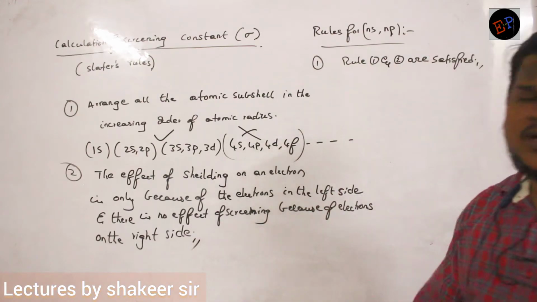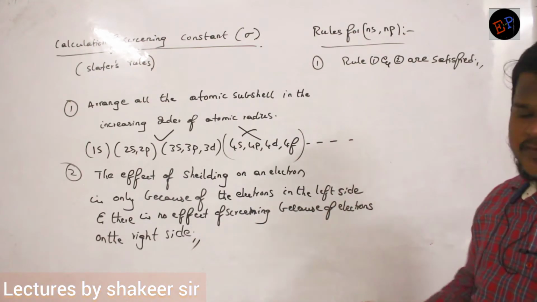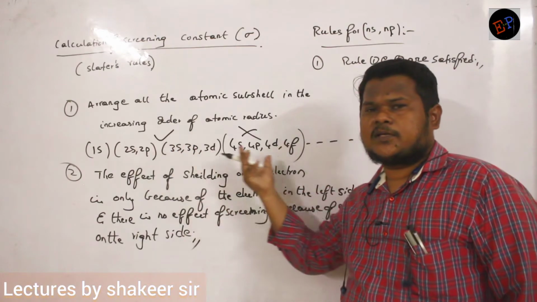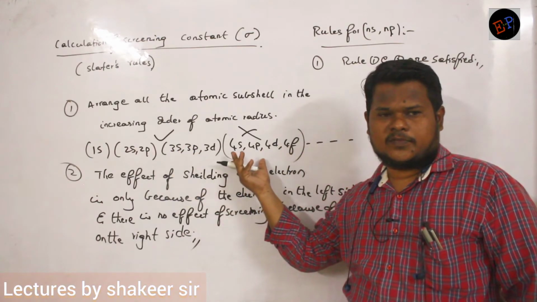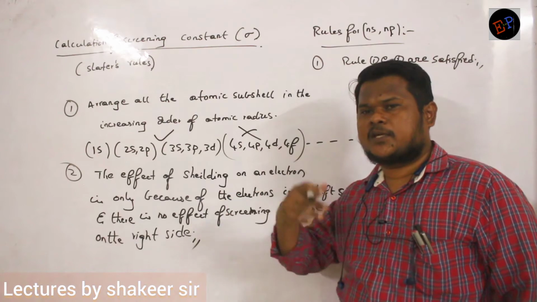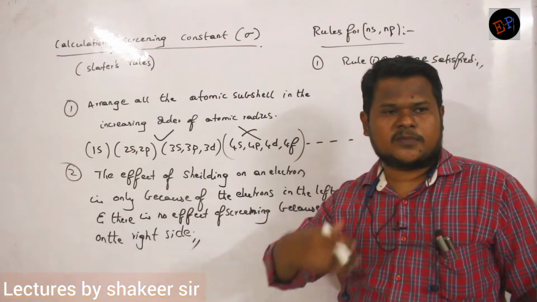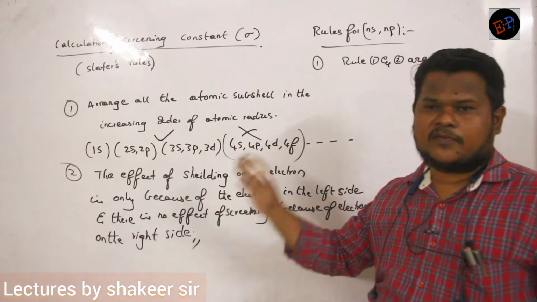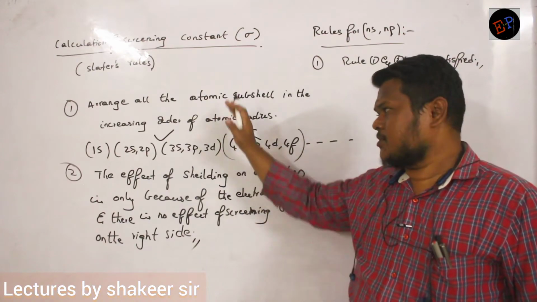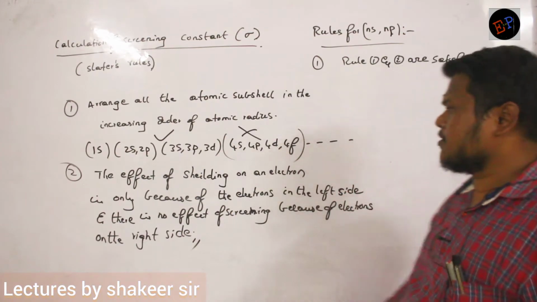What is rule number 1? Arrange them in increasing order of their atomic radius. Then the effect of shielding is only because of the electrons which are present on the left hand side. There is no effect of electrons which are present on the right hand side. These two are definitely satisfied. Are you able to understand?